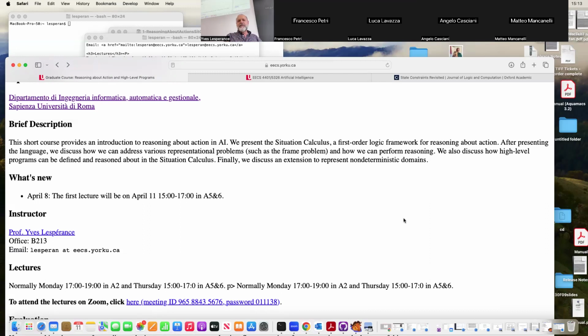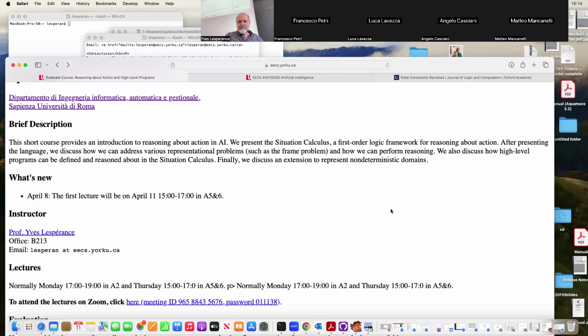Another thing I will do later in the course is discuss how we can represent programs for agents, essentially complex procedures, including loops and that kind of thing, for specifying the behavior of the agent. And usually these will also incorporate non-deterministic choices. So it will leave the agent different options for how it should behave.